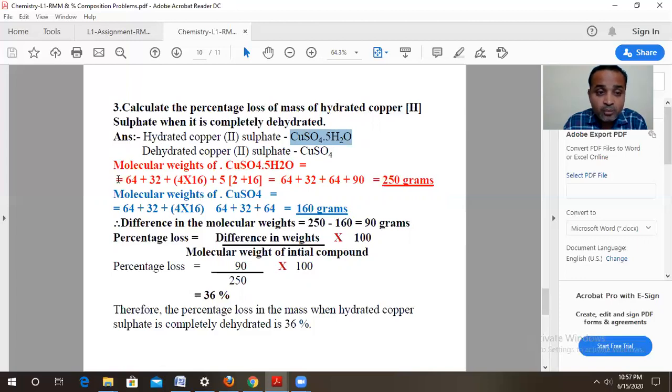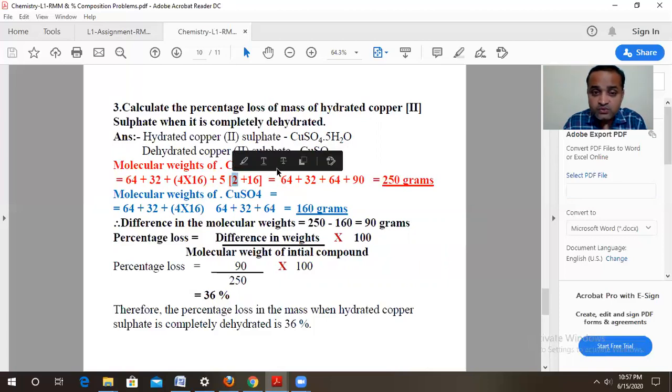CuSO4.5H2O will be copper is 64, sulfur 32, oxygen 4 atoms, so 4 into 16. 64 plus 32 plus 4 into 16 plus 5 into this water. 5 molecules of water are there. Therefore 5 bracket 2 plus 16. Mass of each hydrogen is 1.